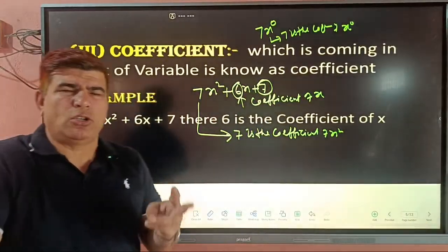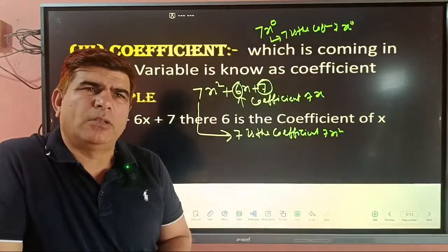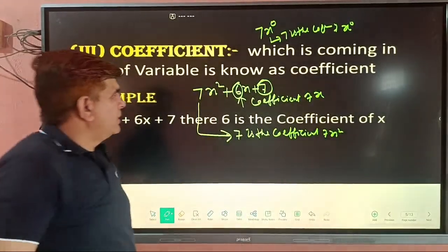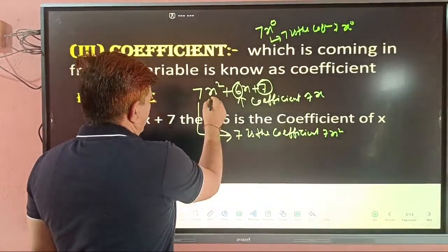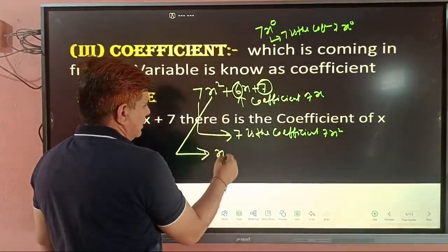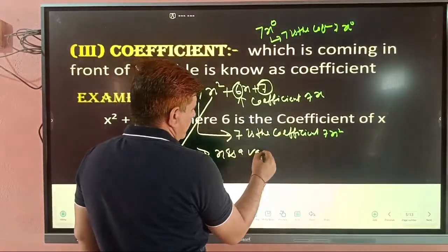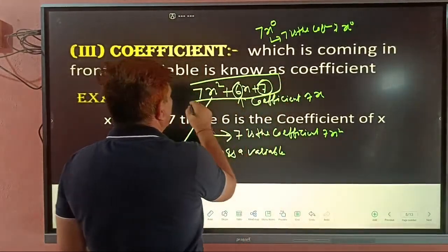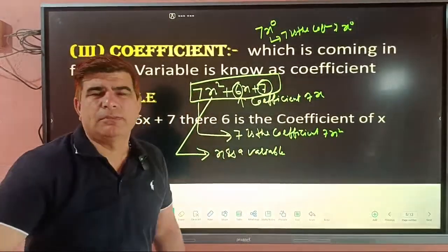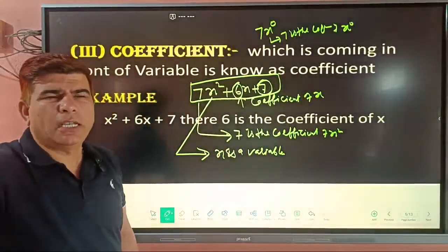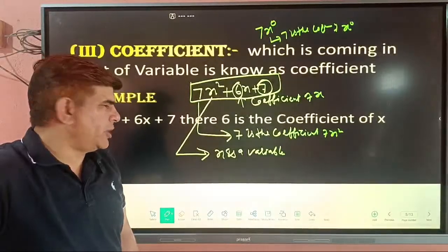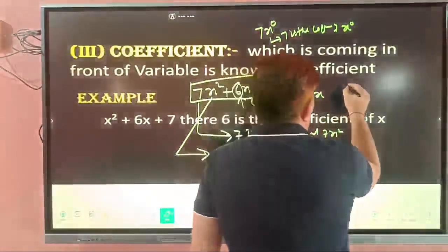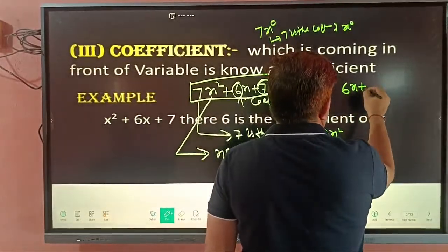Understood? I told you three definitions: what is a variable, what is a constant and what is a coefficient. So here we can say x is a variable, and this is an algebraic expression. Another example you can take: 6x plus 7.